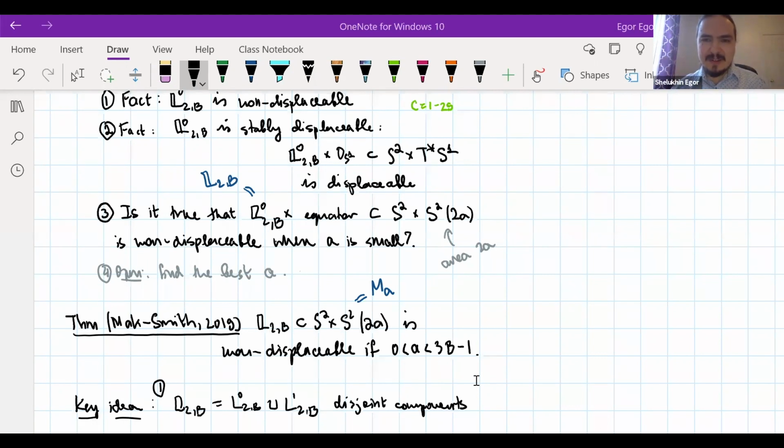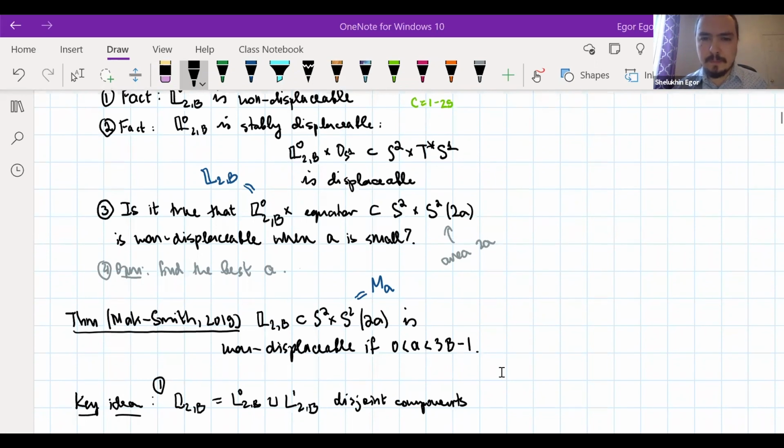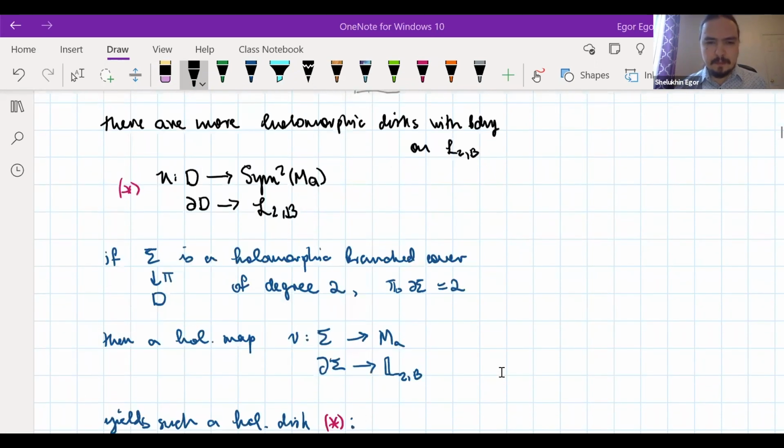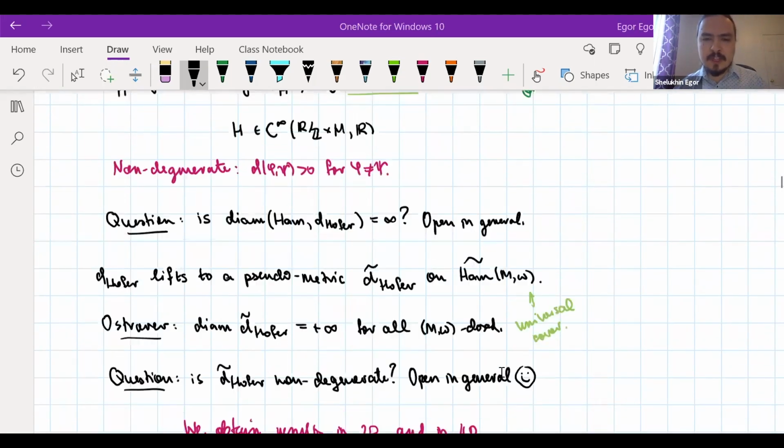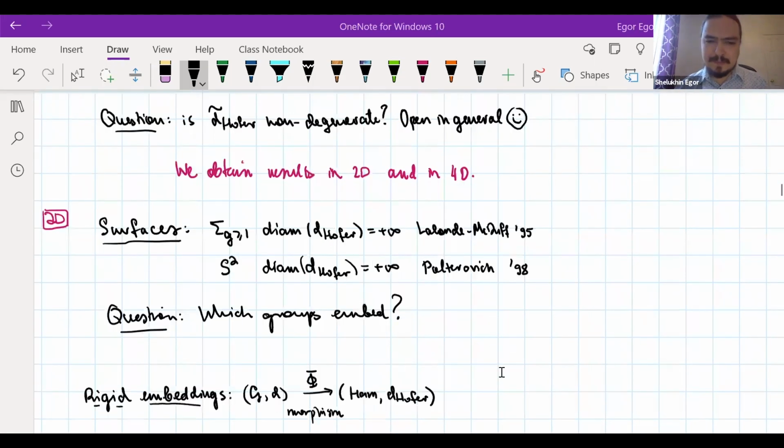So when B is very close to 1/6, then A is really small. But if B is a bit bigger, then we can take A a bit bigger. But in any case, A is smaller than 1/2. So it really depends.